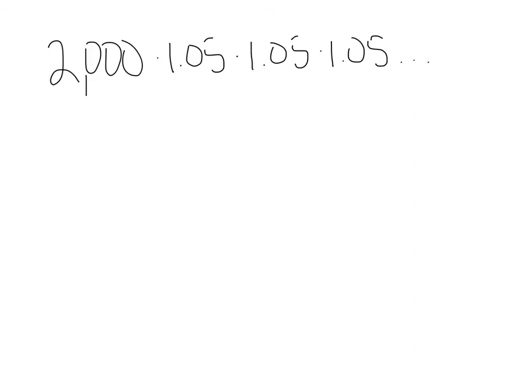So the faster way to look at this, because multiplication is commutative and we can multiply in any order, is to simply say, oh, we'll take $2,000, multiply it by 1.05 a bunch of times. Well, how many times? Suppose we were going for 8 years. So we would multiply it by itself 8 times, which is the same as saying 1.05 to the 8th power.